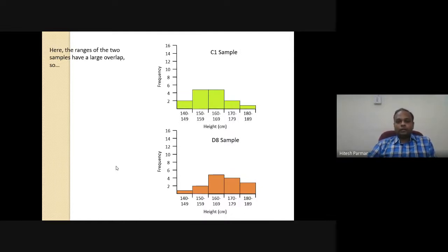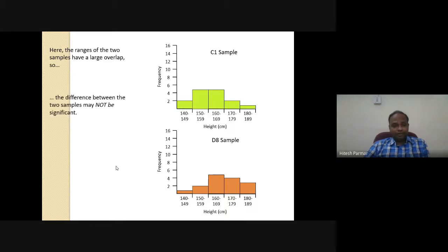Now the second one. Here you can observe that the samples have a very wide overlap, 140 to 189. So you can say that the difference between the two samples may not be significant, and the difference in mean is observed because of a random sampling error.